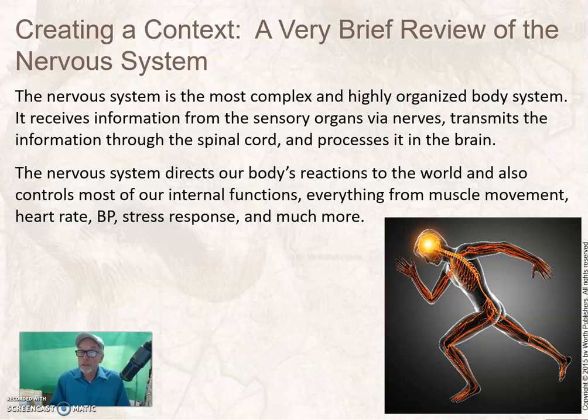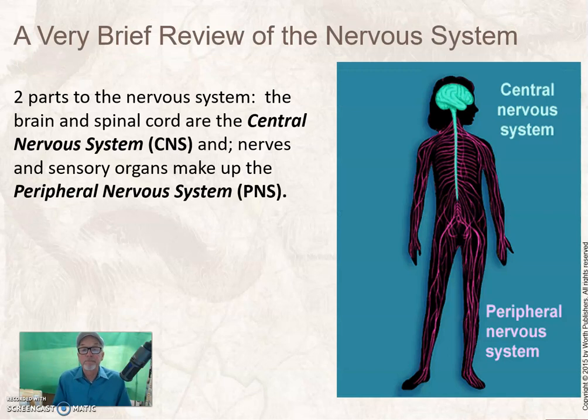The nervous system really directs our body's reaction to the world we're a part of and also controls most of the internal functions, everything from muscle movement, heart rate, blood pressure, yes, the stress response, and much, much more.